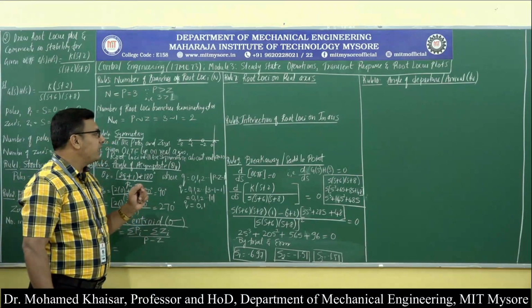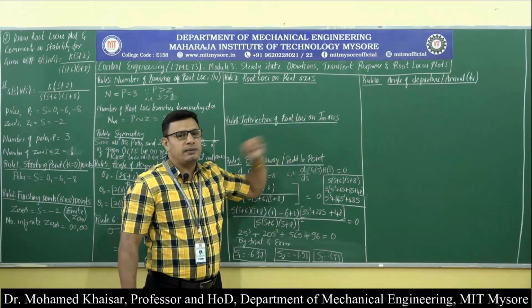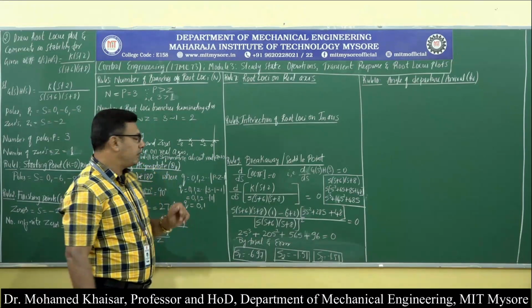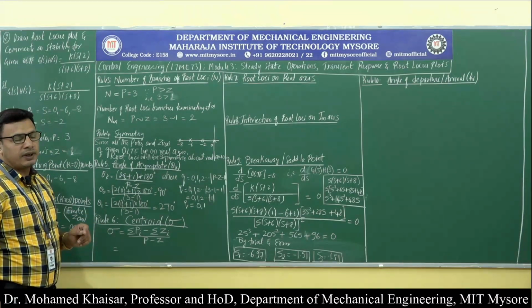In such a case, rule number 8, intersection of root loci on the imaginary axis, will not be applicable. This we get to know by just looking at the asymptotic straight lines itself.